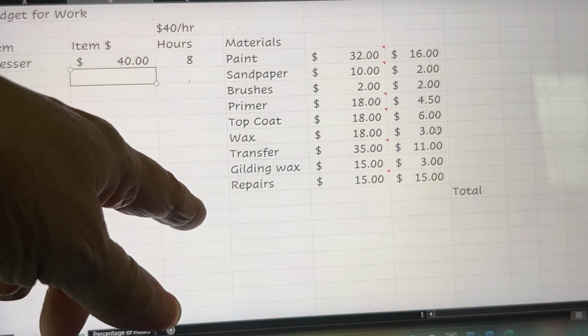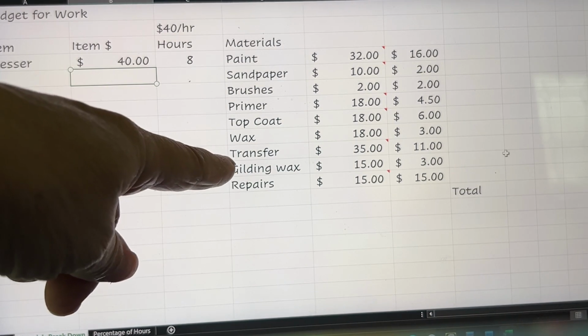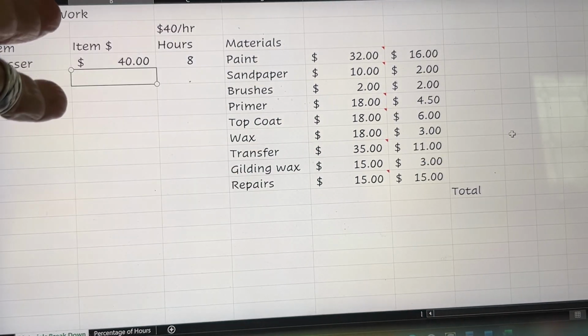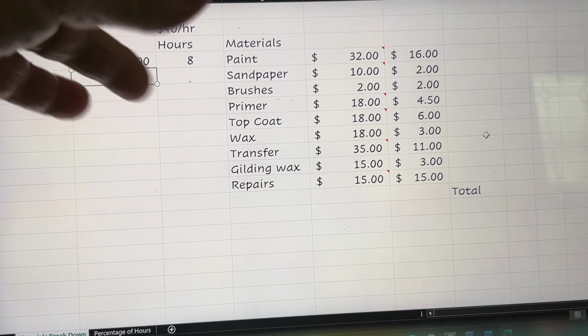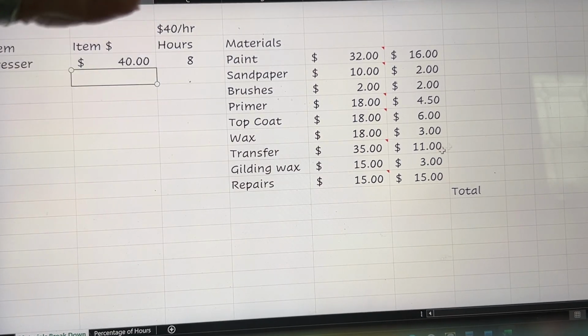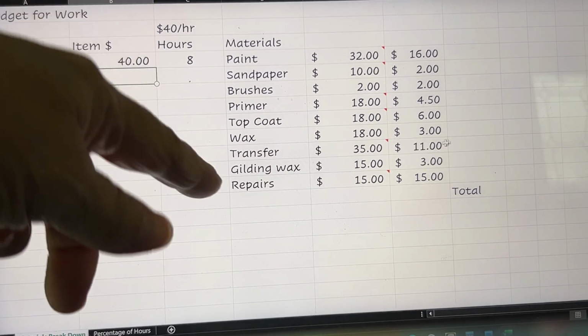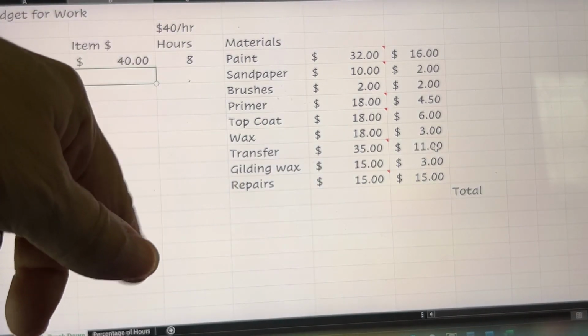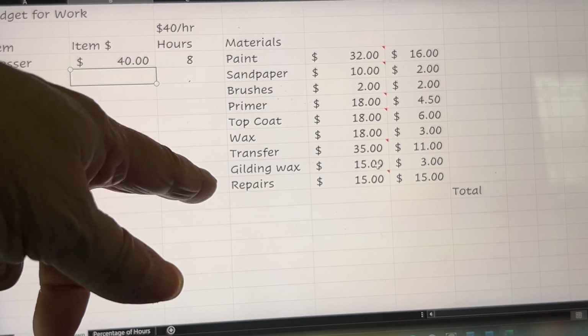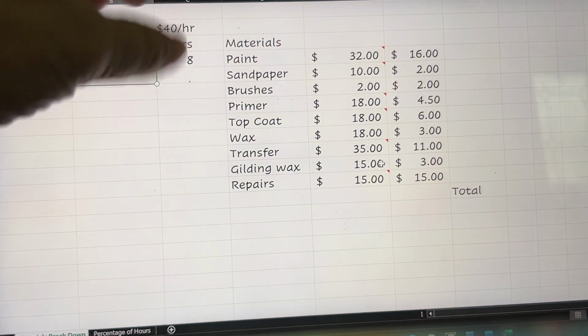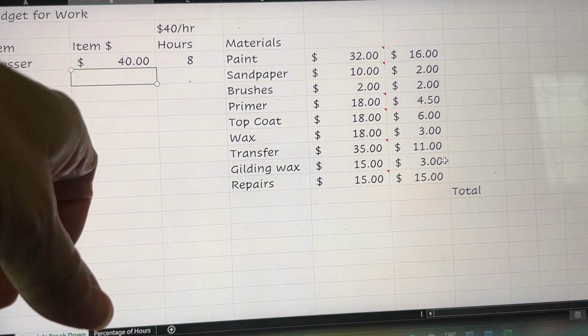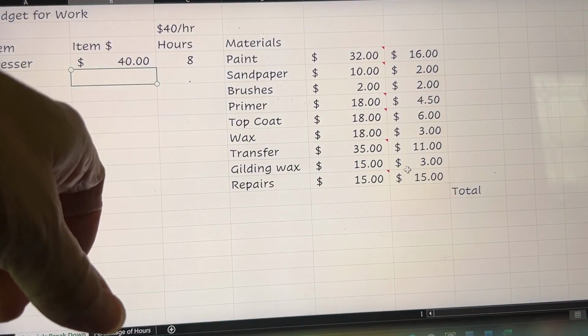I charged $3 for that. A transfer, and I decided that I would use one sheet out of it, which is about $33 to $35. So I charged $11 for that one sheet of transfer. Gilding wax, $15 for a little tube or a jar, and I used about $3 worth. And again, the repairs were $15.